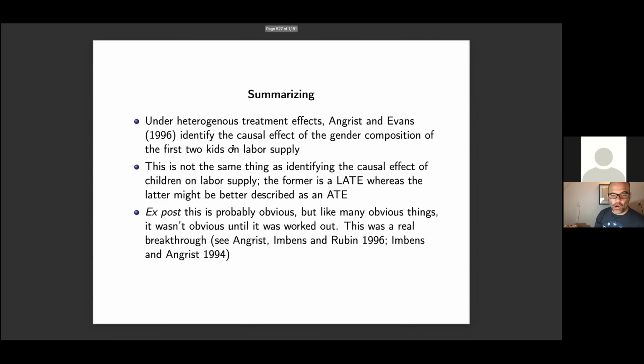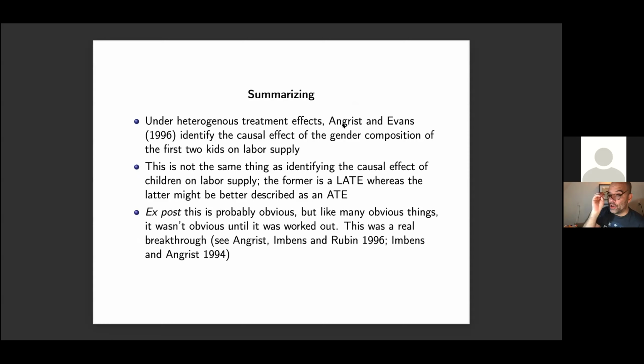Okay, so under heterogeneous treatment effects, going back to the paper using Angrist and Evans, Nora asked, what are some of my favorite papers using IV designs? This Angrist and Evans paper is pretty cool. I mean, I'm not crazy about the question. I don't really care about estimating the returns to having larger families.